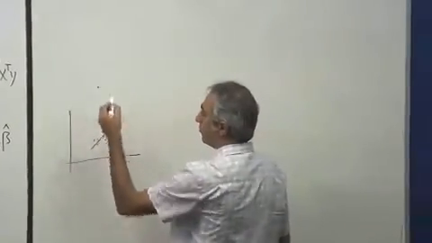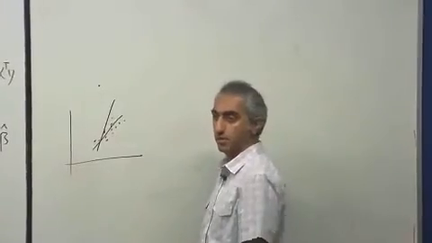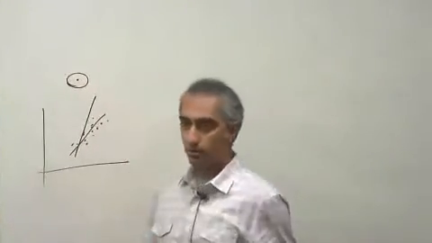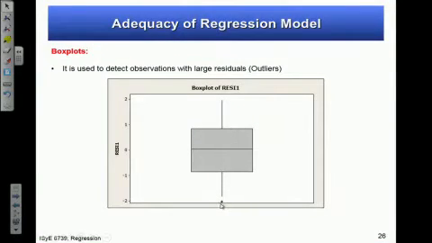But let's say now one point is here. The line that you get would be this one. If you want to detect an outlier, you plot a box plot. And this is, for example, an outlier. You find the reason for that outlier if possible. Otherwise, you just exclude it and redo the regression. Does it make sense?